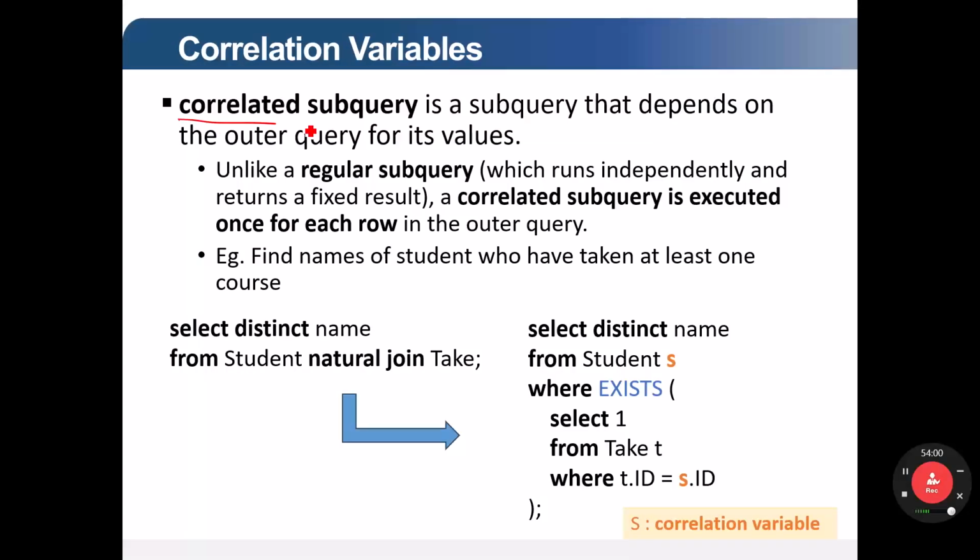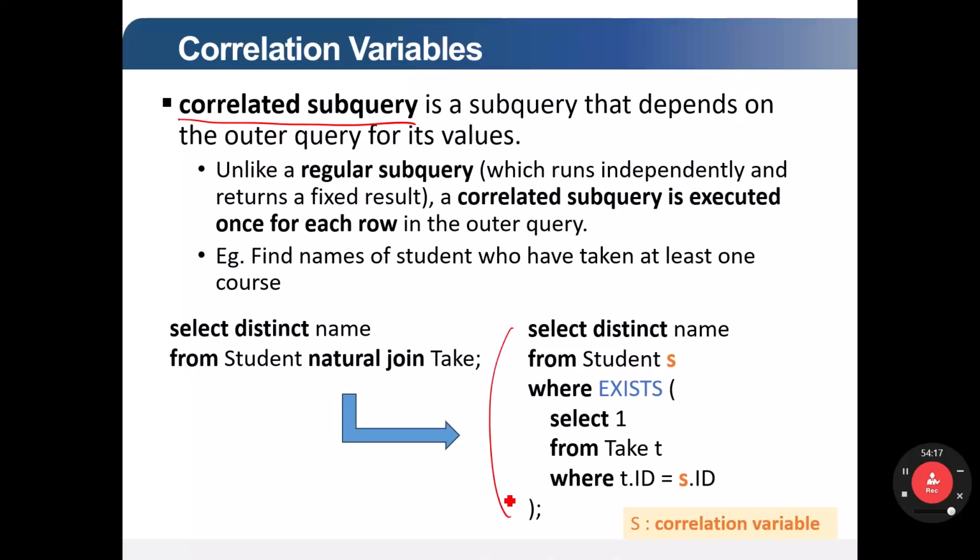So what is a correlated subquery? It is a type of nested query that references a record of the outer query.